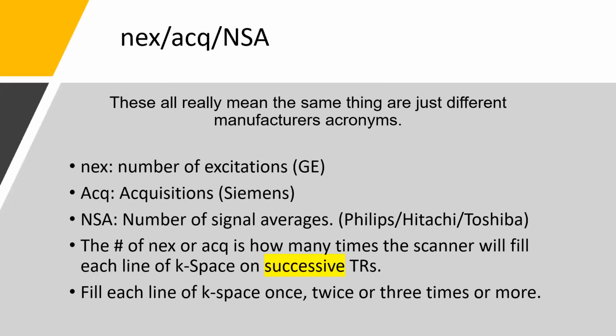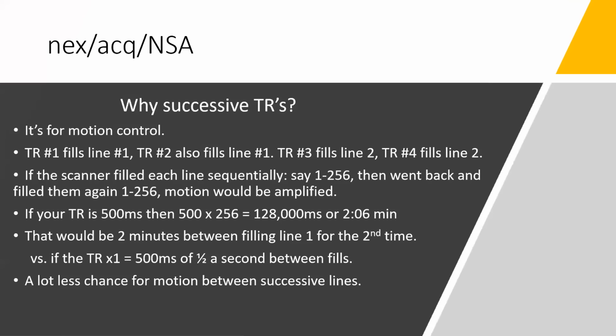So each line of k-space, if you say, I'm going to do 3 NEX, great. You're going to fill each line of k-space 3 times. So you're going to fill line 1 with TR number 1. You're going to fill line 1 again with TR number 2, and then you're going to fill line 1 again with TR number 3. So it's line 1, line 1, line 1, and then you're done.